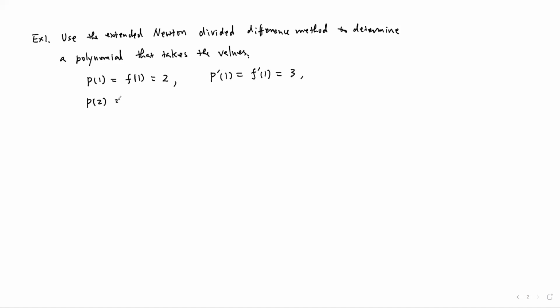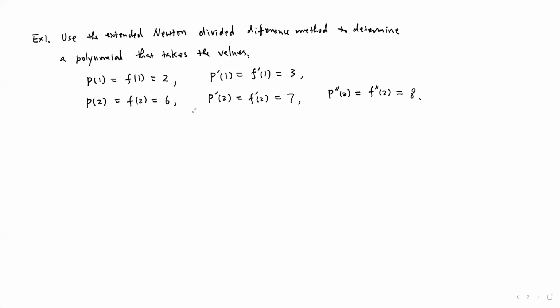P at 2 is equal to the function value at 2, say 6. Derivative of P at 2 is equal to the function's derivative at 2, the value is 7. And the second derivative of P at 2 is equal to the function's second derivative at 2, which is 8.